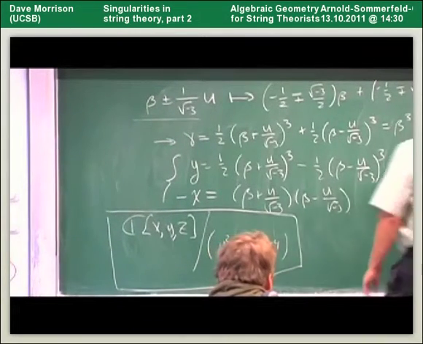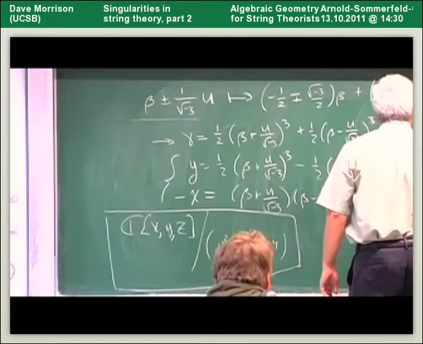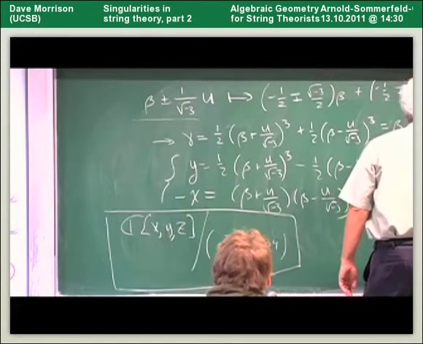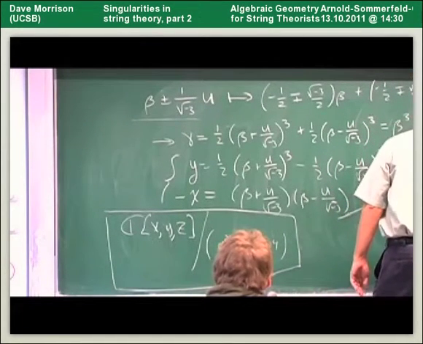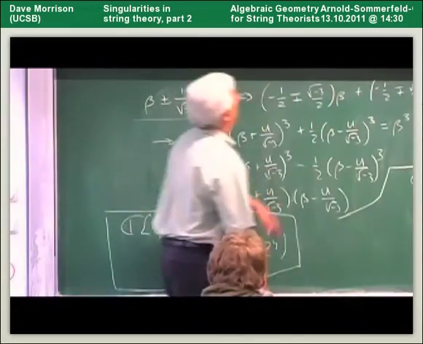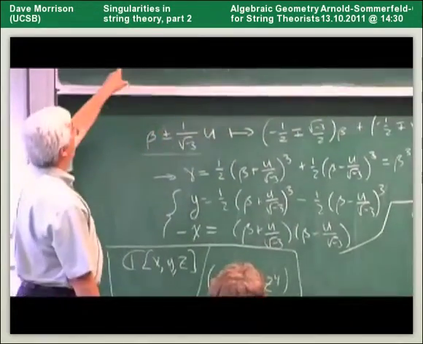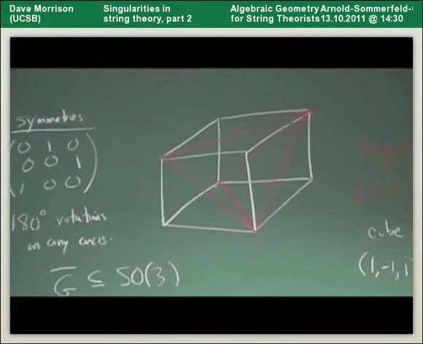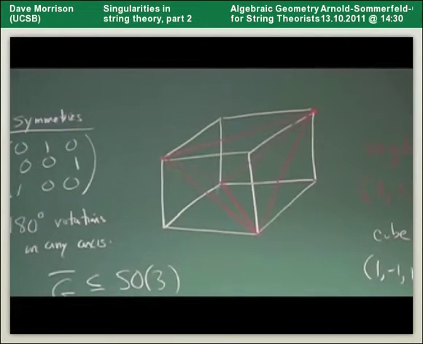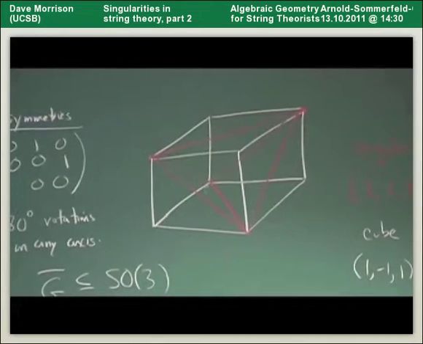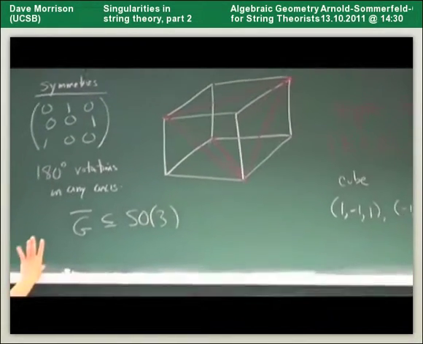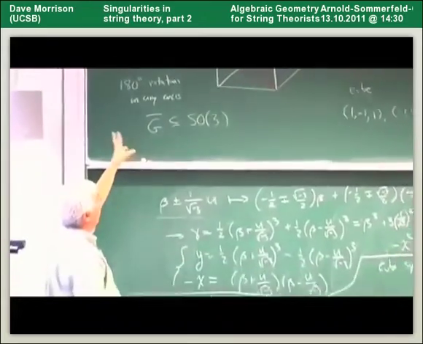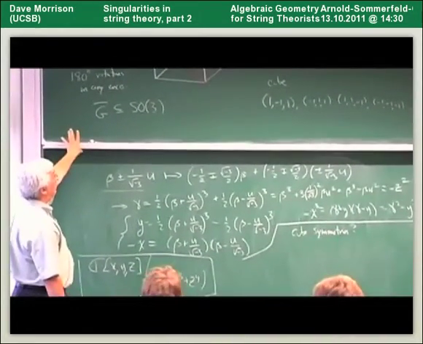What if I want to do the cube? Well, the symmetries of the cube are the same as the symmetries of the tetrahedron with one additional thing. Namely, I get to do 90-degree rotations on the axes, not just 45-degree rotations. And it's not hard to see that all the 90-degree rotations are conjugate to each other within the tetrahedral symmetry group.